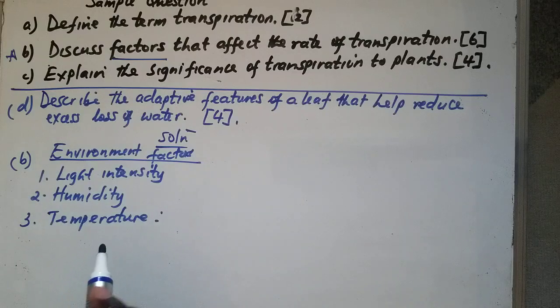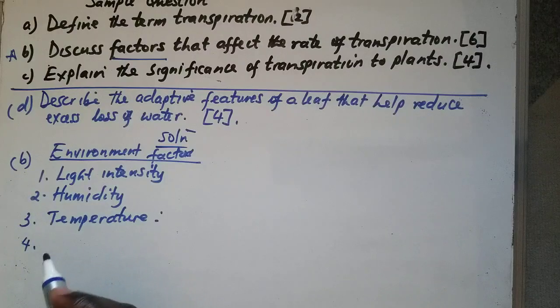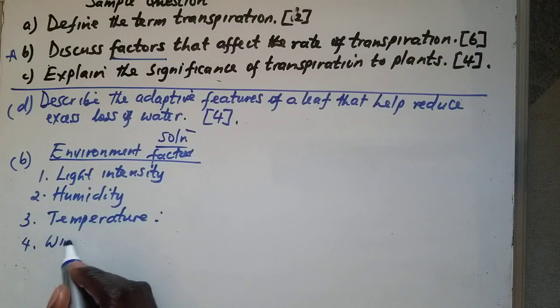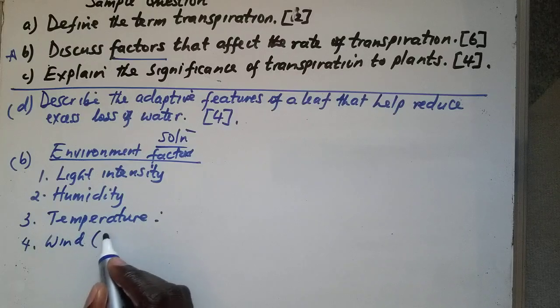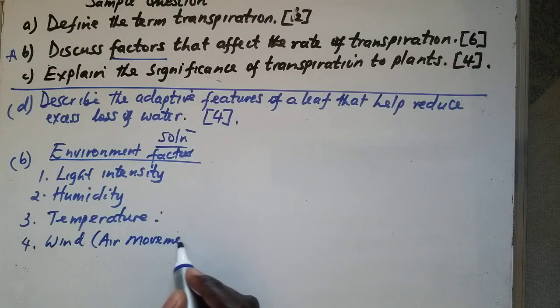But on the other hand, if temperature is too low, it means that the water molecules will have less kinetic energy, and hence they will not be able to escape as fast as they can. Then the fourth one that we can talk about is wind, or we can simply say air movement, the rate at which air is moving.